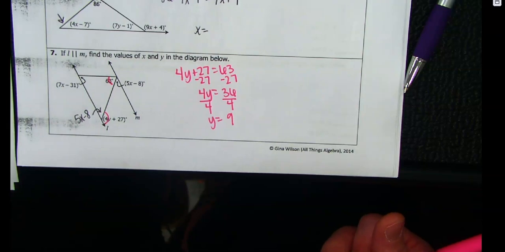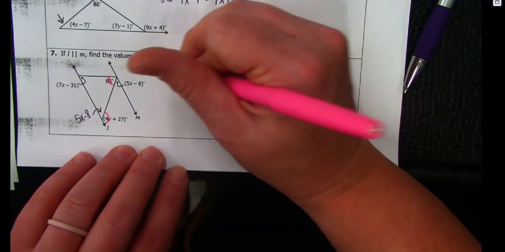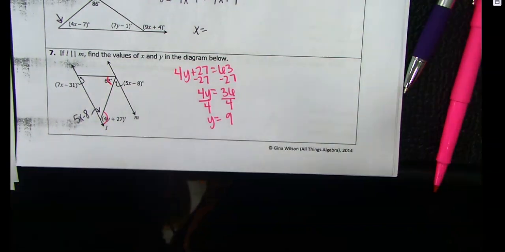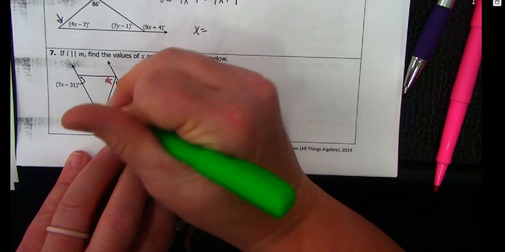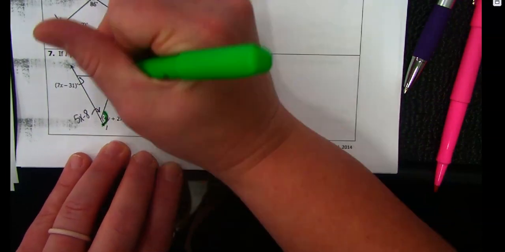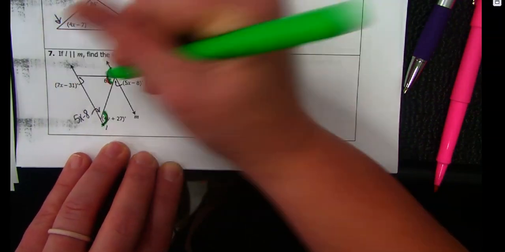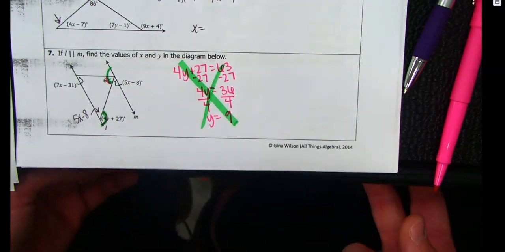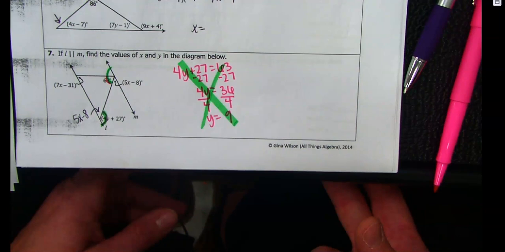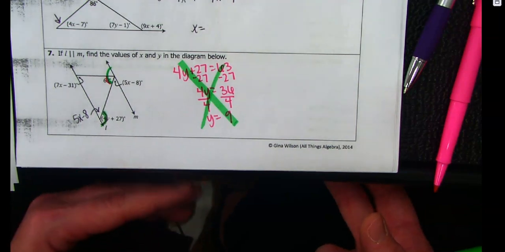That is wrong, you guys. Let me tell you why it's wrong. Because I'm like, that can't be right. The reason that's not right is because this angle here is the whole angle there, which we don't have that whole angle, so that won't work. So I'm wrong. I apologize. That's not going to cut it.